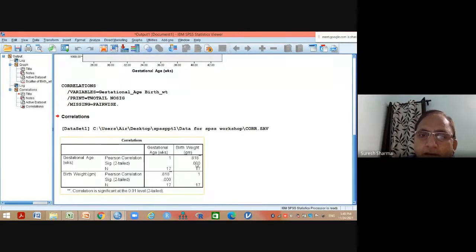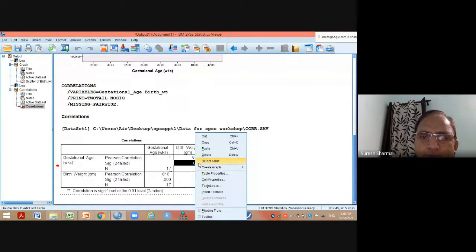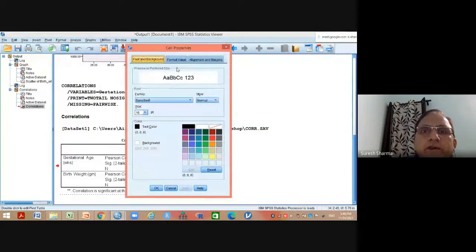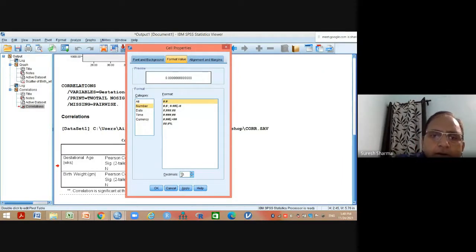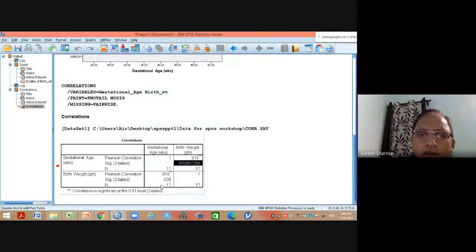But if you click here, let me show you. If I click here and come to cell properties, and in cell properties, I'll go to format values, numbers, and increase the decimal to, let's say, 13. And press OK. Now you can see some values. So P value is never 0.